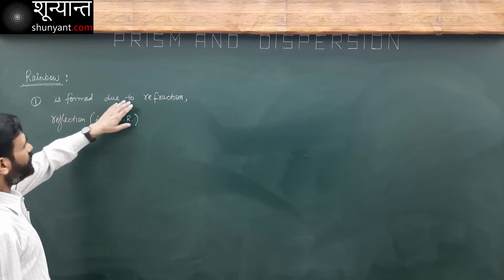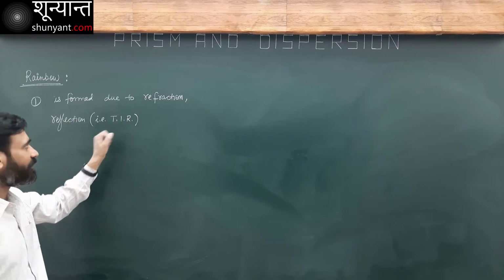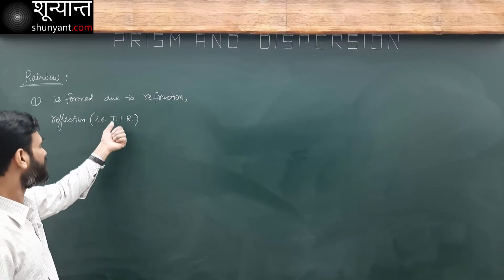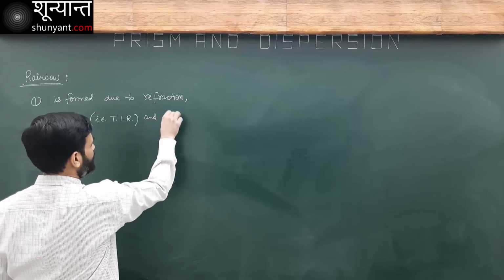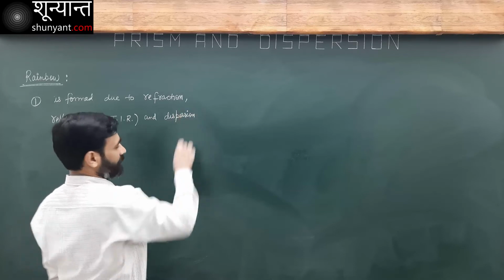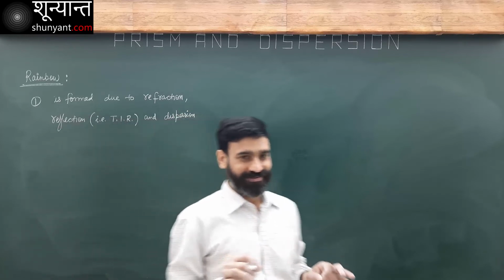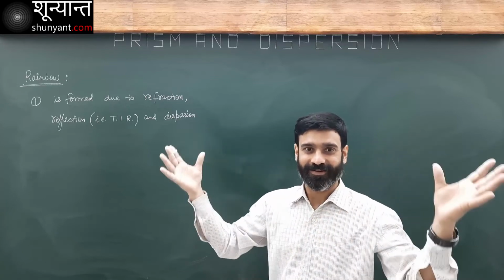It is formed due to refraction, reflection, total internal reflection, and dispersion. All the optical phenomena that we have studied till now merge together and create a rainbow.